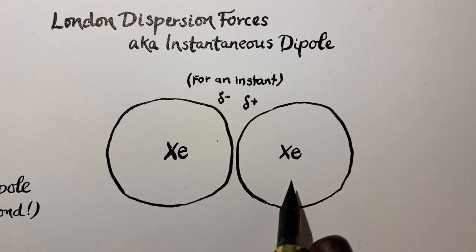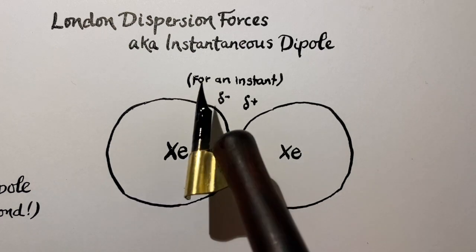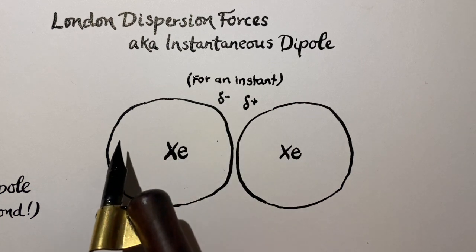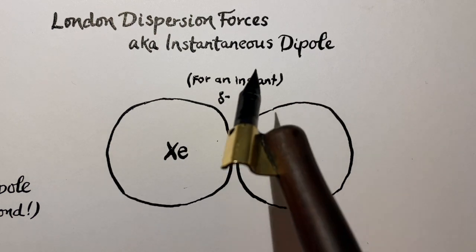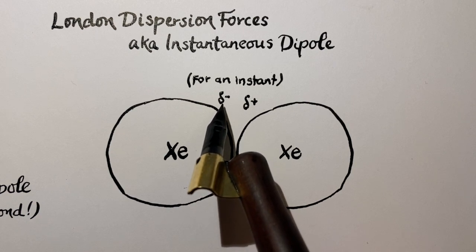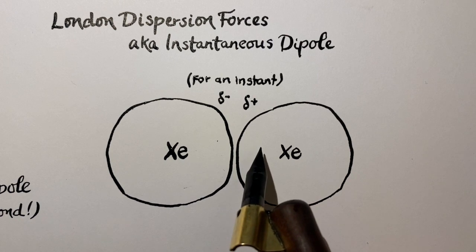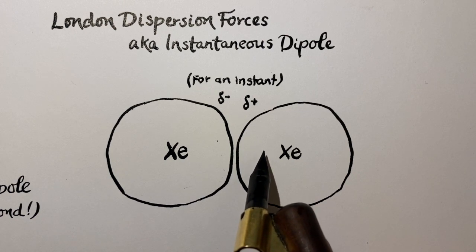Charges are balanced. These are both neutral. But because of this random movement of these electrons, we do get this instantaneous dipole effect from one that then affects an adjacent atom.